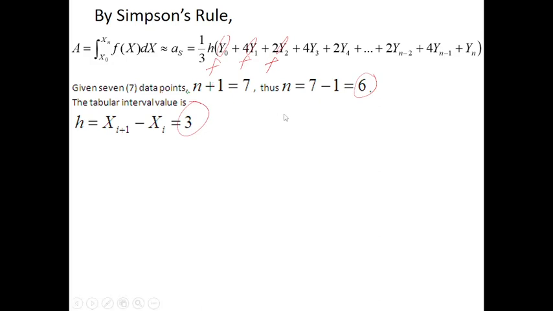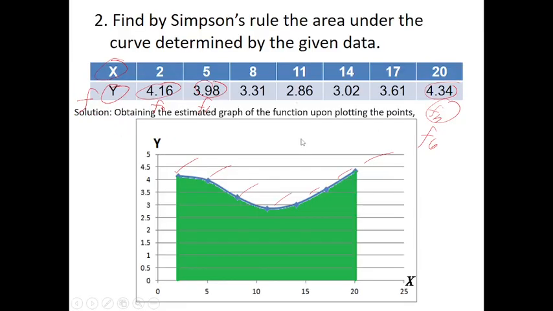The tabular interval value is 3. Let us check. 5 minus 2 is 3. 8 minus 5 is 3. 11 minus 8 is 3. And so forth. We have 20 minus 2, x sub n minus x sub 0, all over n. N equals 6. 18 over 6 is 3. Okay? So that's it.